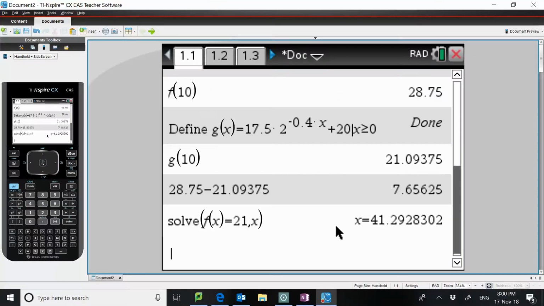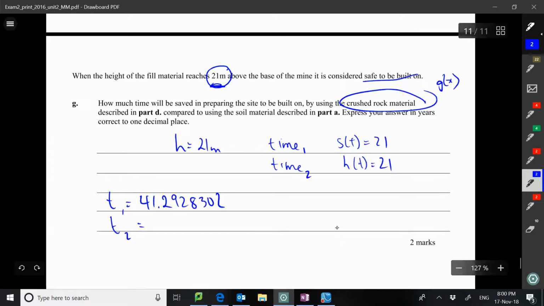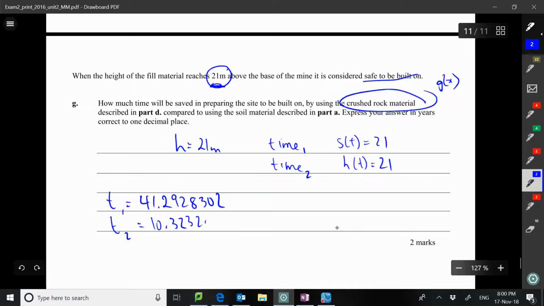So how long does it take for the crushed rock? So solve for g of x equal to 21, and it's 10.32075. Notice that I'll take as many decimals as I can because I don't want to go wrong when we correct our final answer.